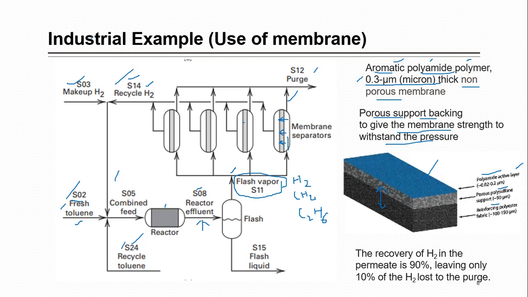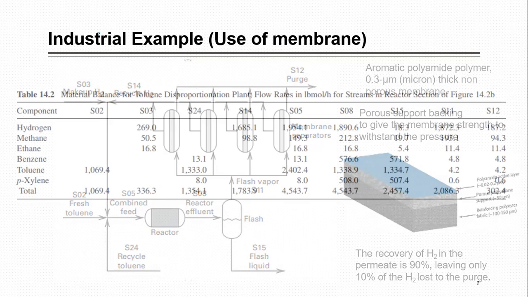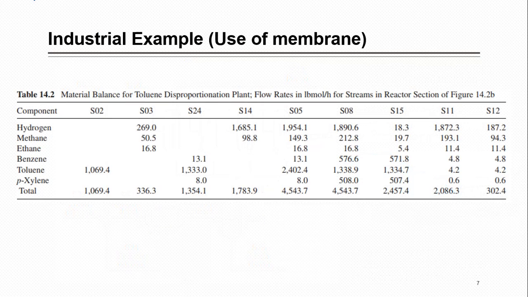And that's one example of industrial use of membranes. So that's all about this system, this one industrial example of how membrane is being used and how it is advantageous for us.